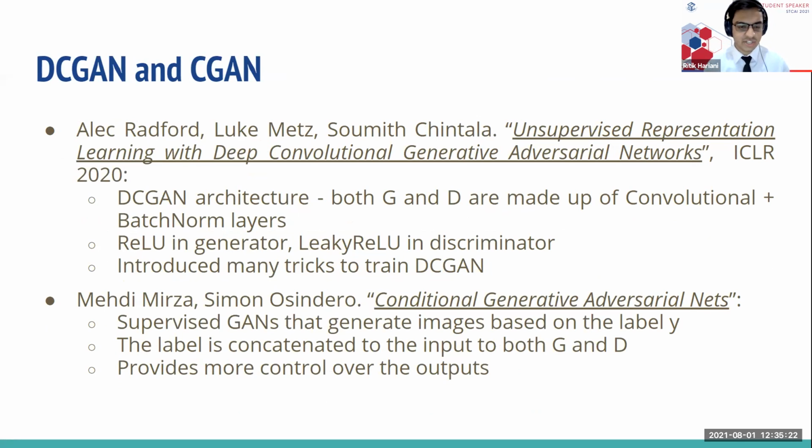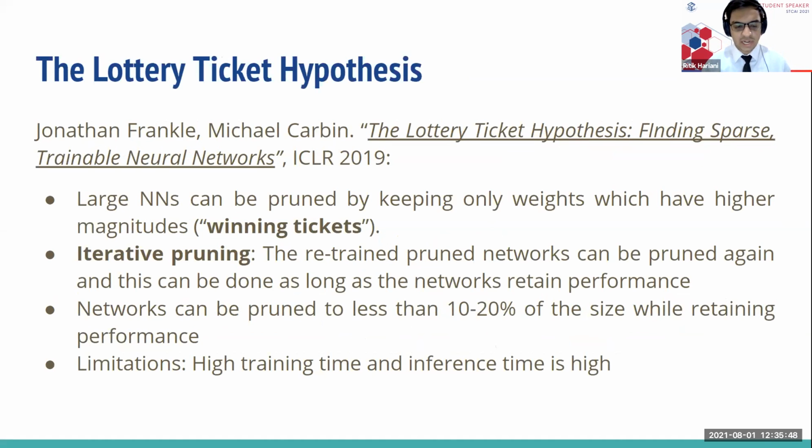To provide the average designer with control over the noise vectors, where he can choose to add his own styles to the images and different colors, we provide labels, incorporated using conditional generative adversarial networks, which gives him control over the outputs and the type of clothes he wants to generate for himself. I would like to transfer the mic to Samyak so that he could explain it in more detail to you.